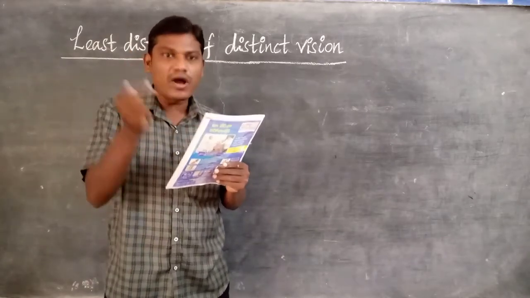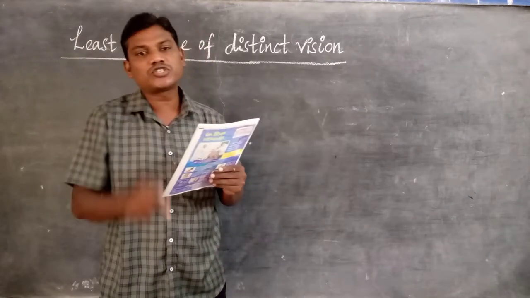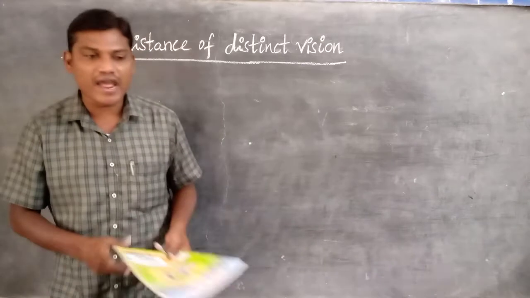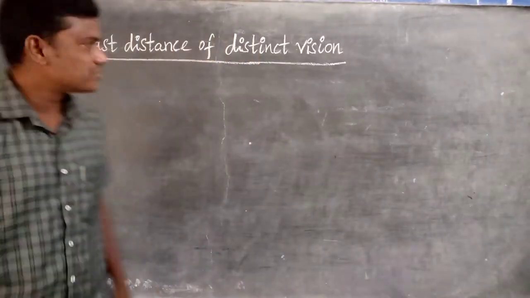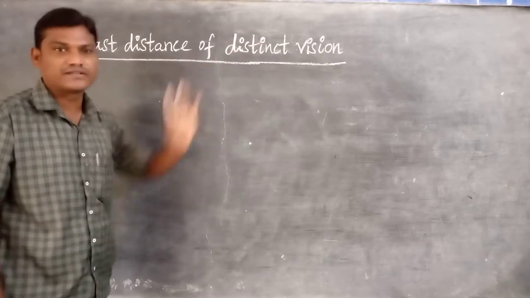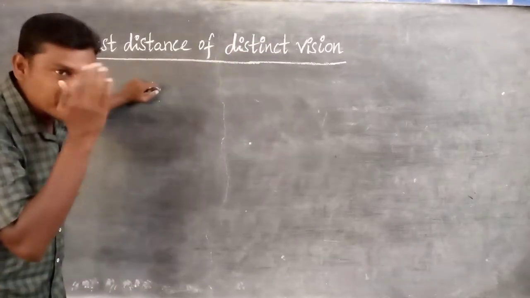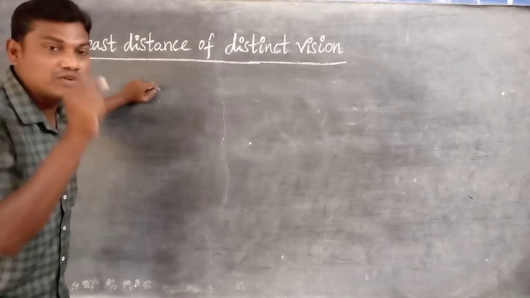At that time you measure the distance from your eye to the position of the book in front of your eye. That gives the least distance of distinct vision. So listen very carefully. When the letters are kept very near to your eye, you are not able to see them.